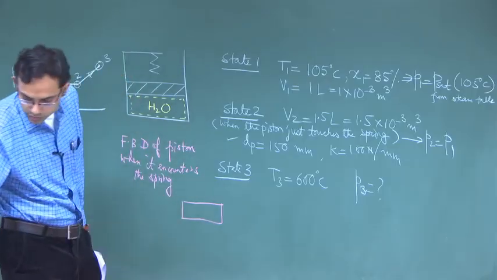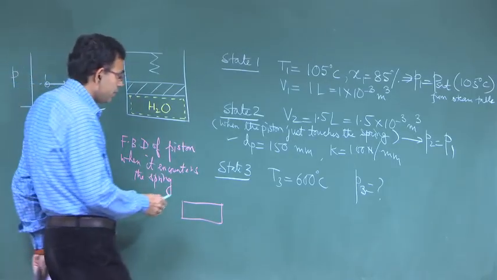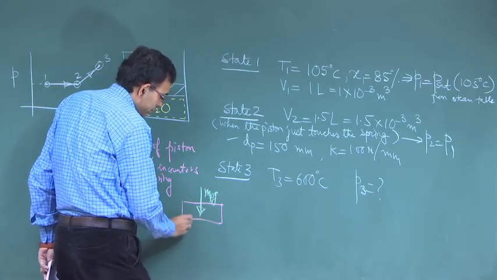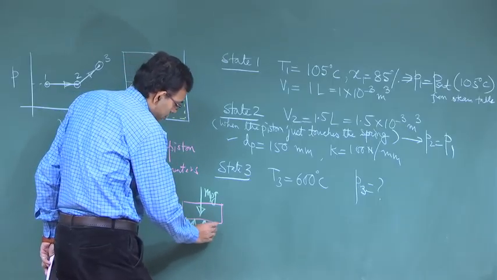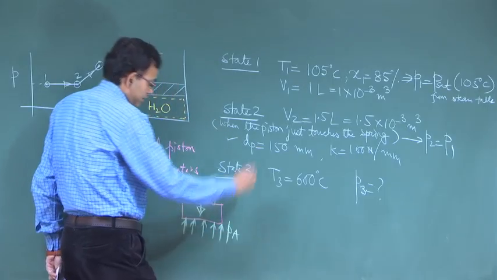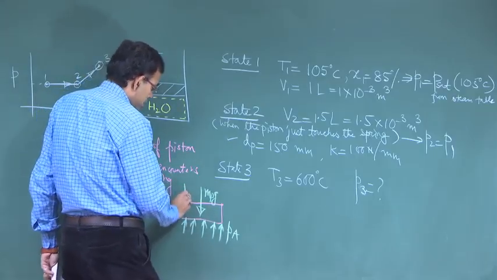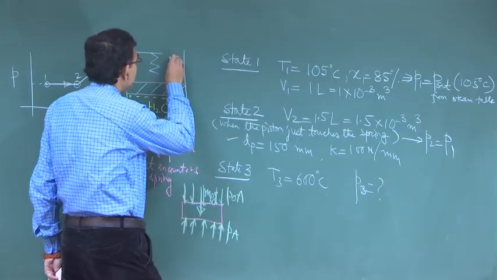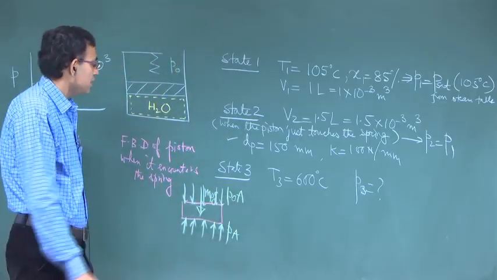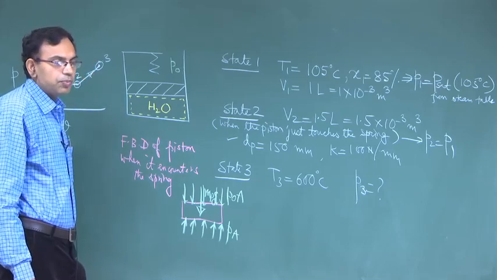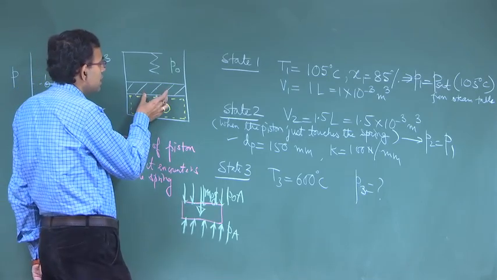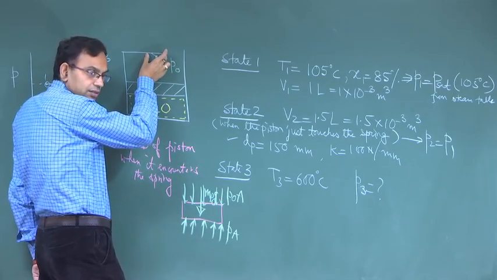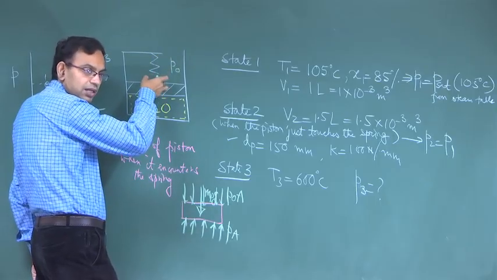Now I will not spend much time in drawing the free body diagram, we have already understood how this needs to be done. So, mg, PA, then there is P0A, the atmospheric pressure P0 acting from here, and there is a Kx. Is it upwards or downwards? When the piston is moving up, it is pressing the spring in the upward direction, so the spring will apply a force in the downward direction on it.